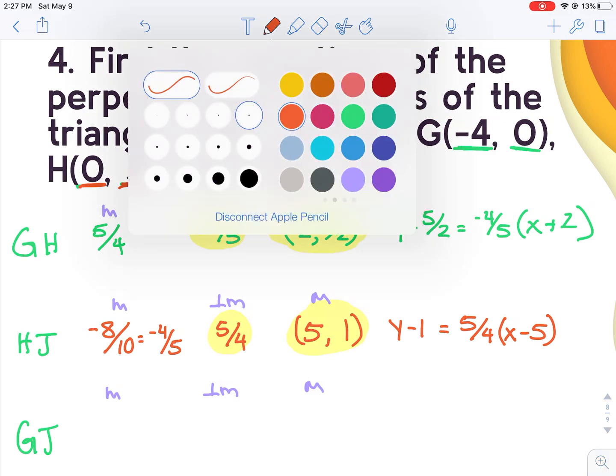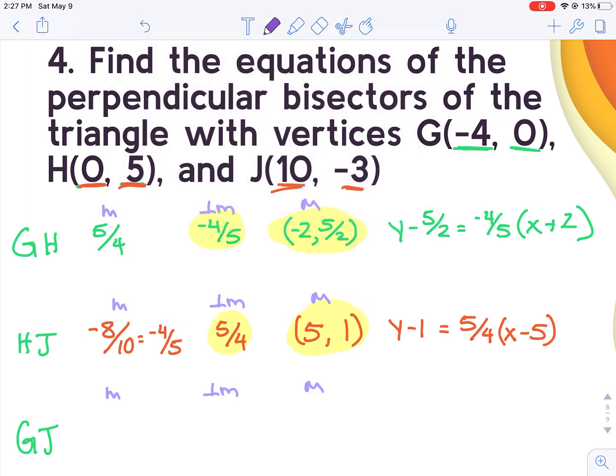The last side I need to solve for is GJ. My y value is going down 3. My x values are going up 14, which means my perpendicular slope is 14/3. Kind of a gross fraction there, sorry.